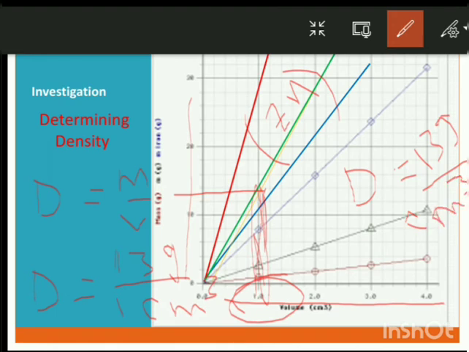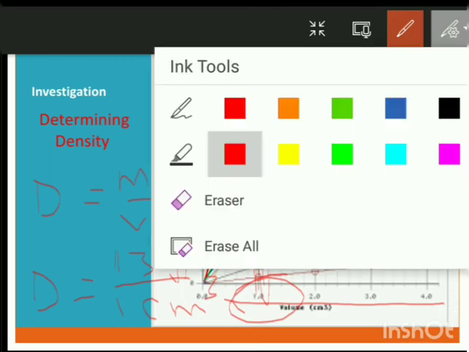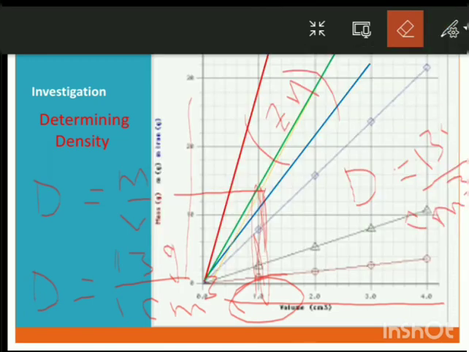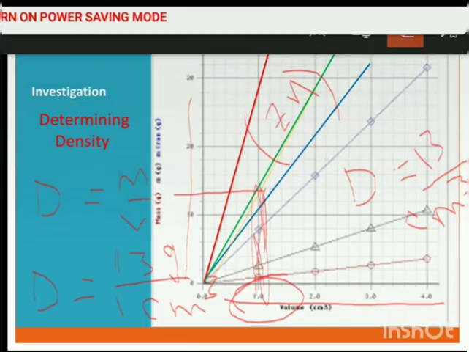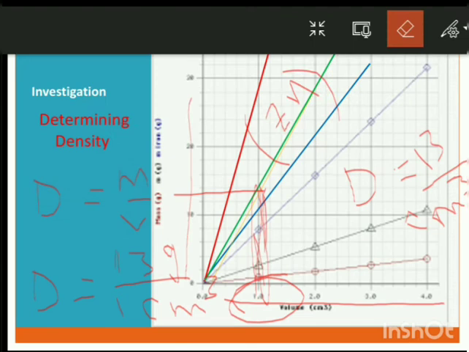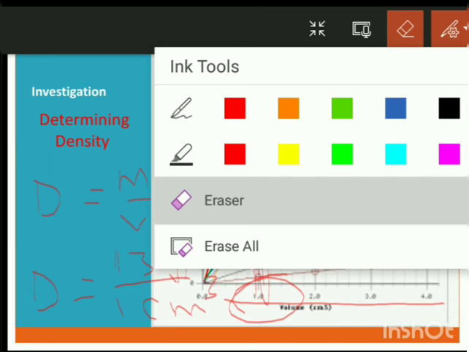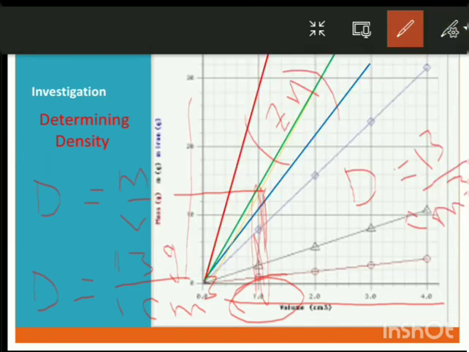The unit of density is gram per centimeter cubic. So that's how we can find the density from this diagram.